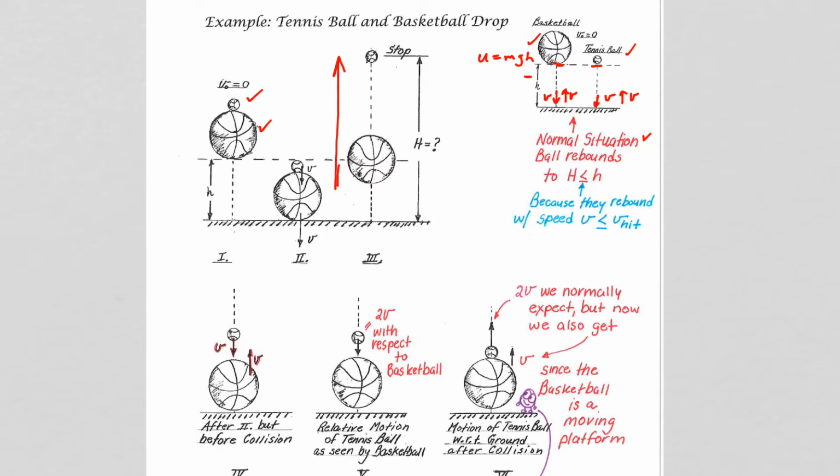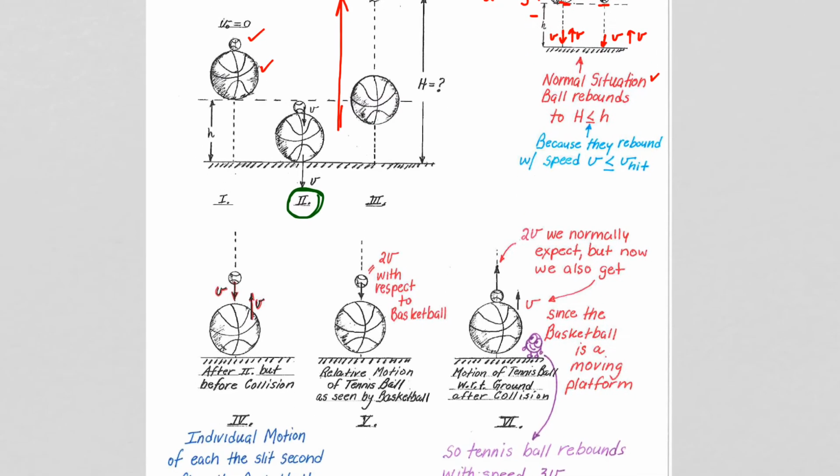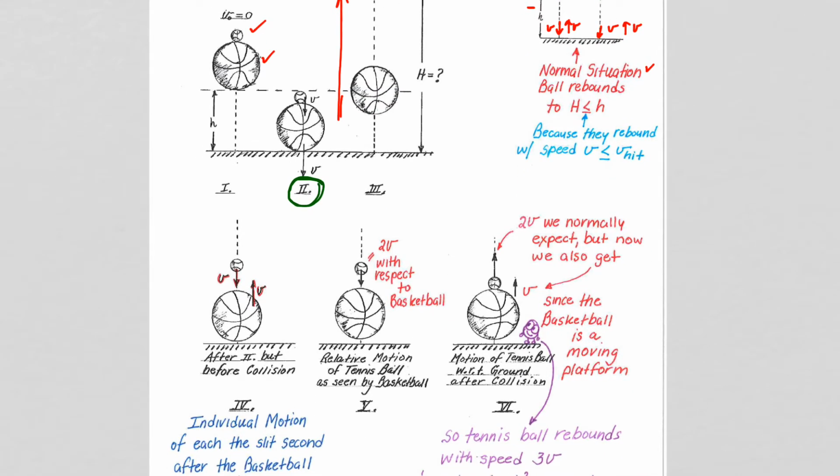This is where we are really going to pick up our analysis, just after this position Roman numeral 2, where the basketball, since it strikes first, has hit the ground perfectly and is bouncing up perfectly with a speed v. I've separated it in the picture, but the tennis ball still has its downward velocity v.